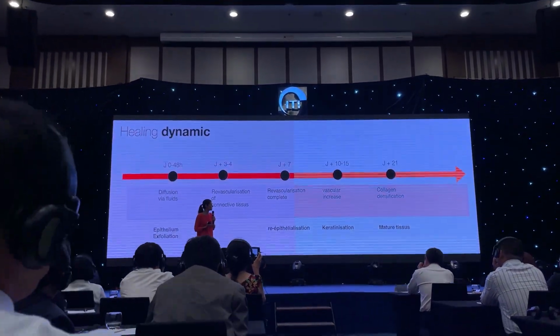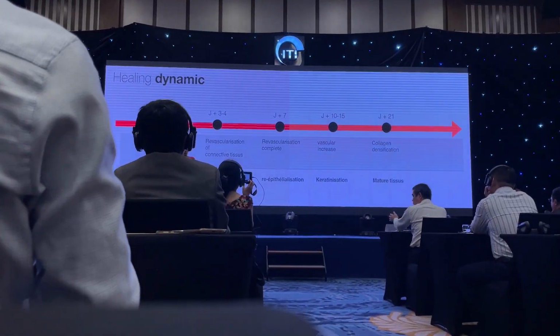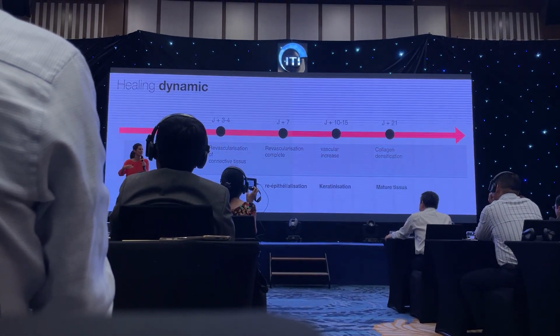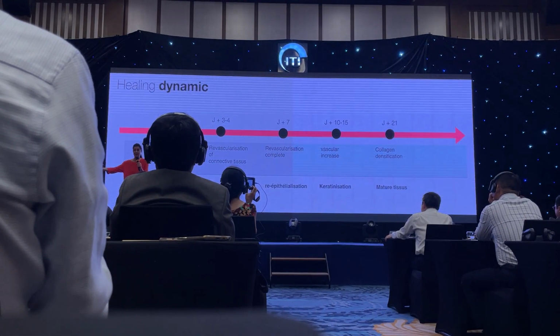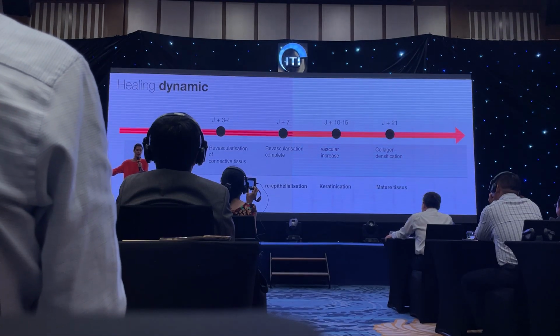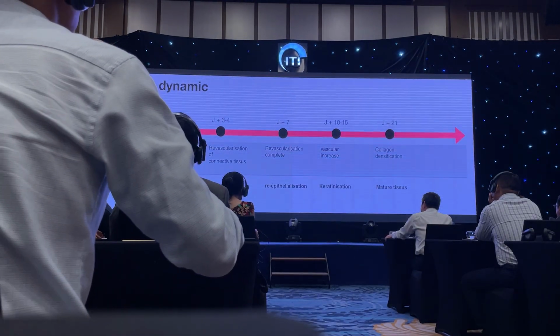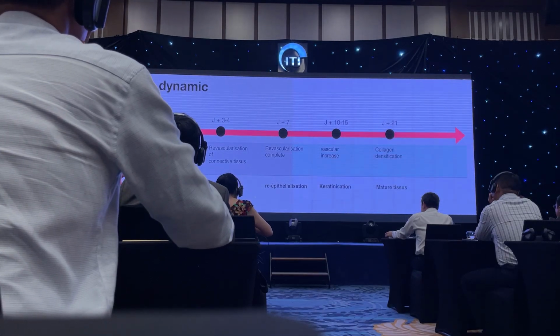Actually, soft tissues heal quite fast. You remember I told you for the bone I wait 6 to 9 months, sometimes 9 months for the severe defects. But the soft tissue is actually quite fast. So here is a little bit the dynamic of this.